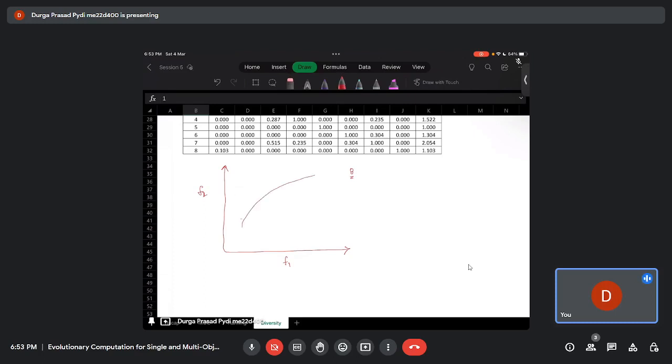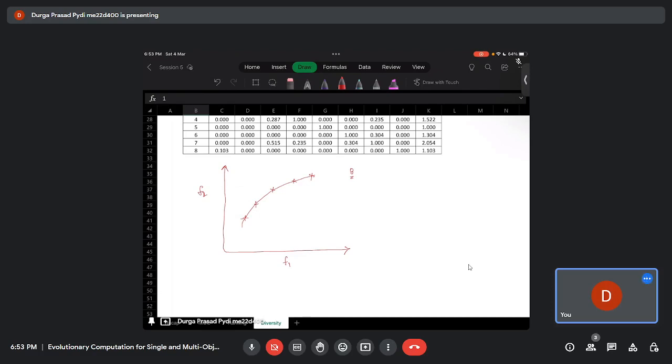Even then, you will be having your solution somewhere on the front, right? We are assuming we already got solutions on the Pareto front. Out of these solutions, we want to identify whether they are diverse enough or not. In evolutionary computation, when you are randomly generating something, you will always get some solutions which are non-dominated.